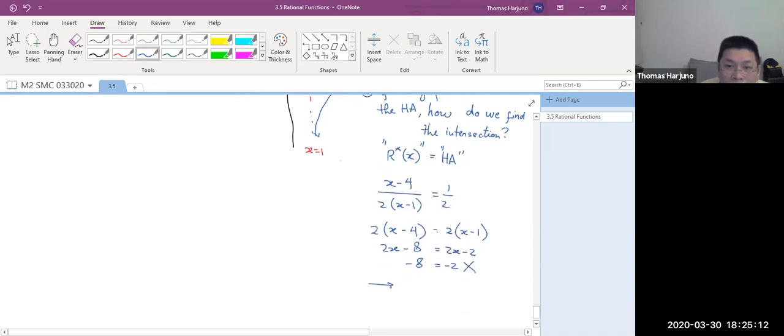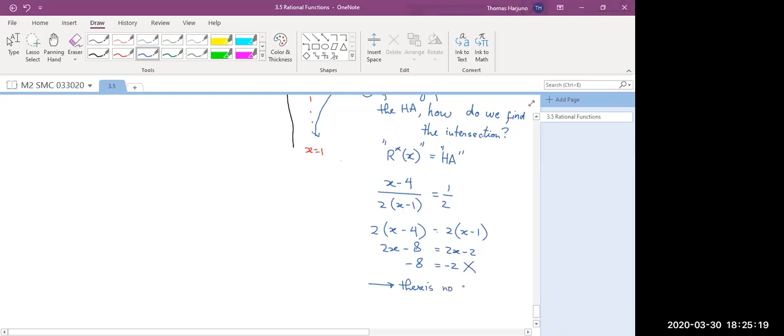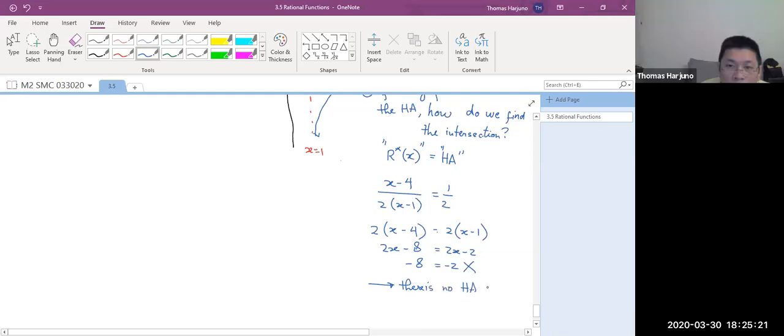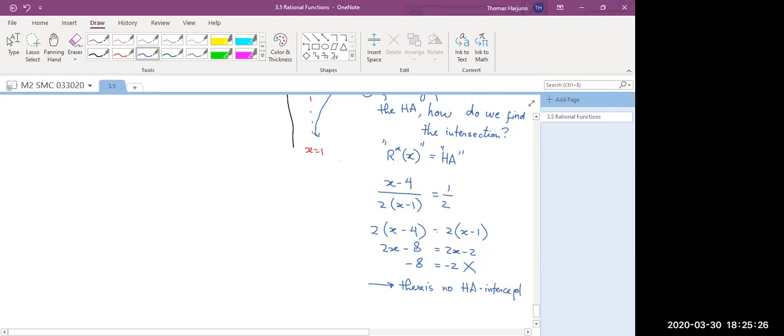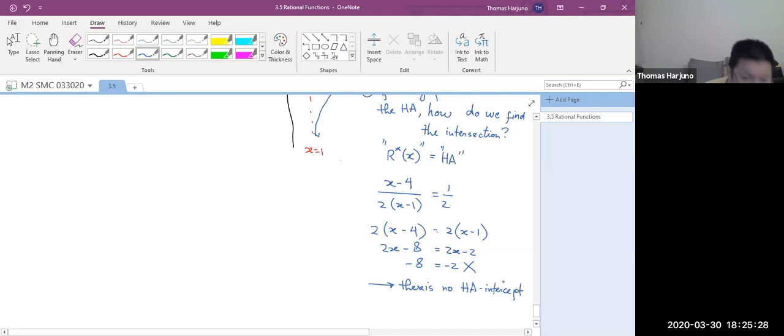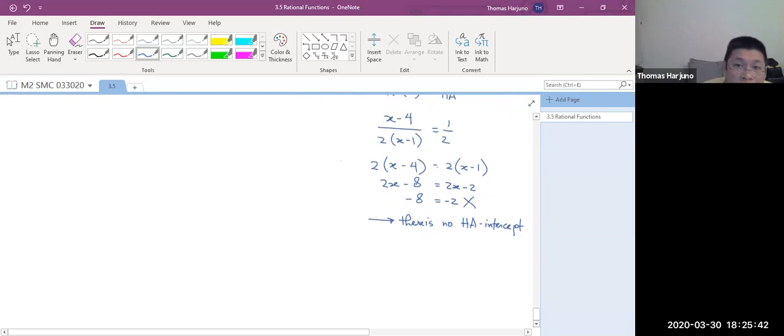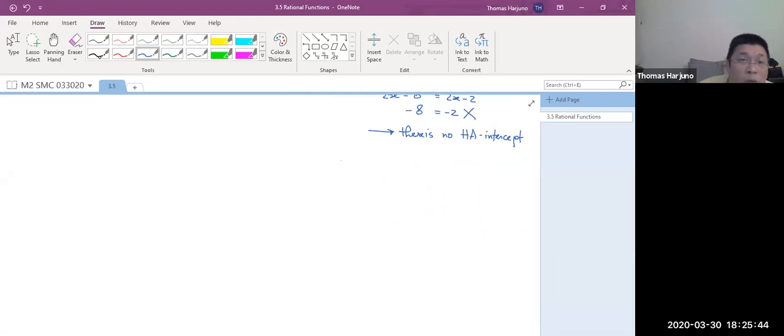Therefore, in this case, there is no horizontal asymptote intercept. In other words, the graph does not intersect the horizontal asymptote. Now, we may have a case later on that the graph actually crosses the horizontal asymptote. You can see problems from my old tests where we have those kinds of cases.